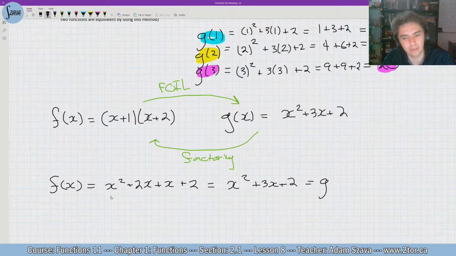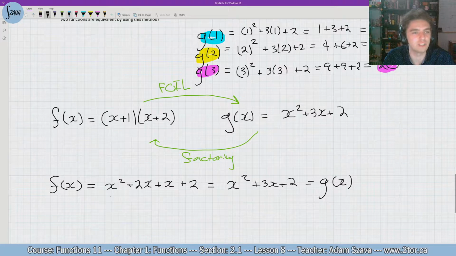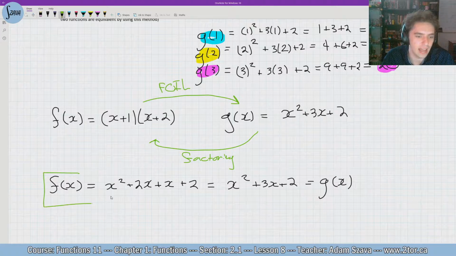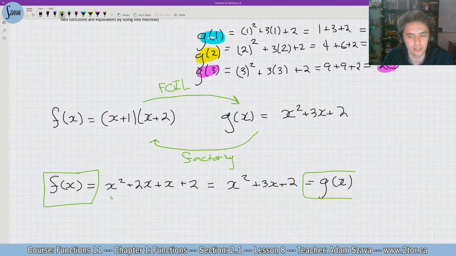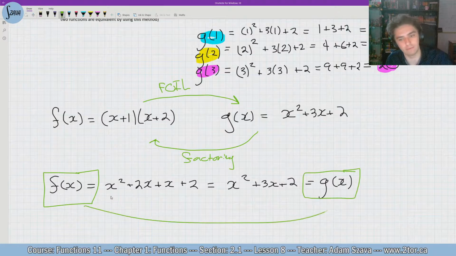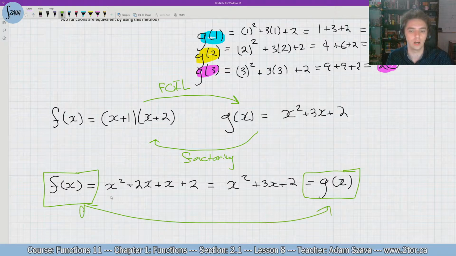And that's exactly what g of x is. So I've just proven now that f of x equals g of x. I've shown that these two things are equal, by showing that I can FOIL one and get the other. Or I could factor the g of x and get f of x by the same method.